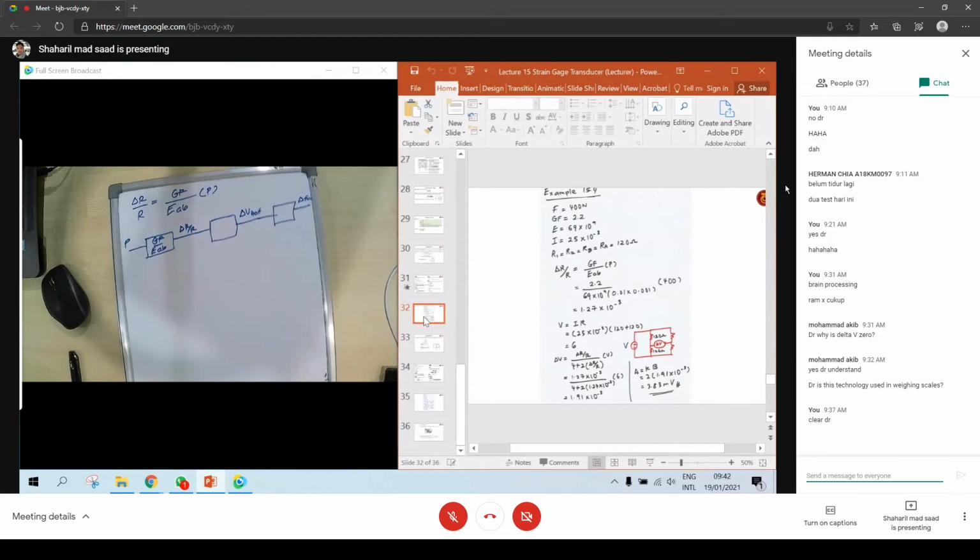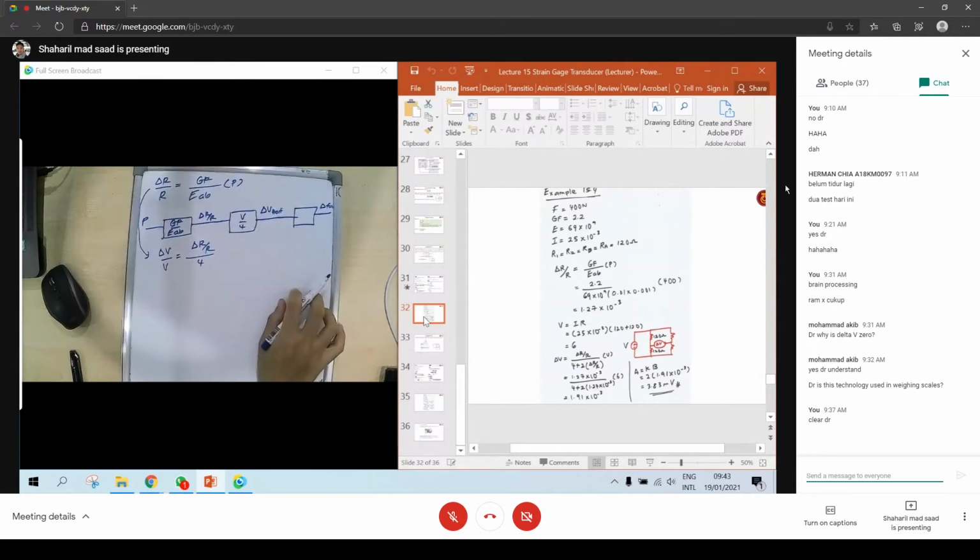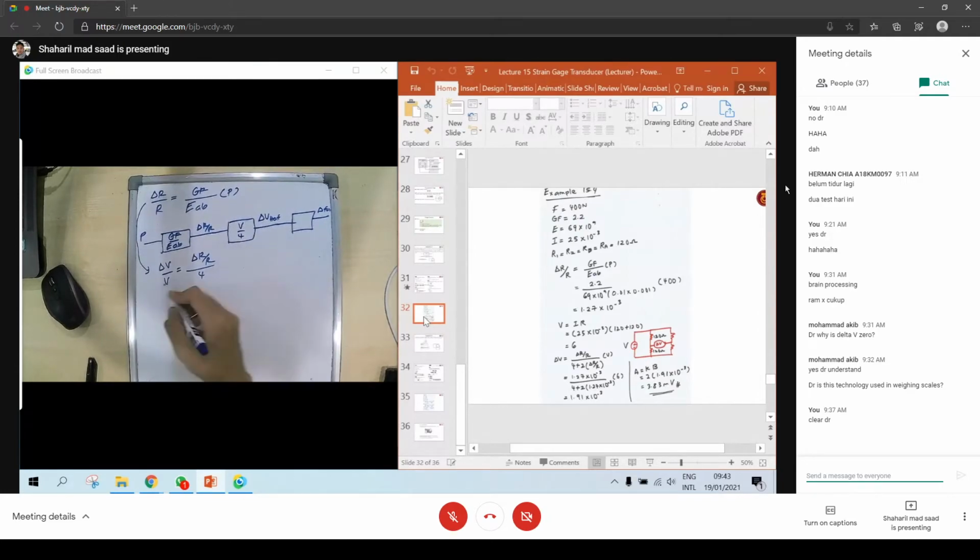Done. So delta V over V for the half is equal to delta R over R divided by 4, based on the formula. And then from this one, you can get delta V full is equal to 2 delta V half. Done.